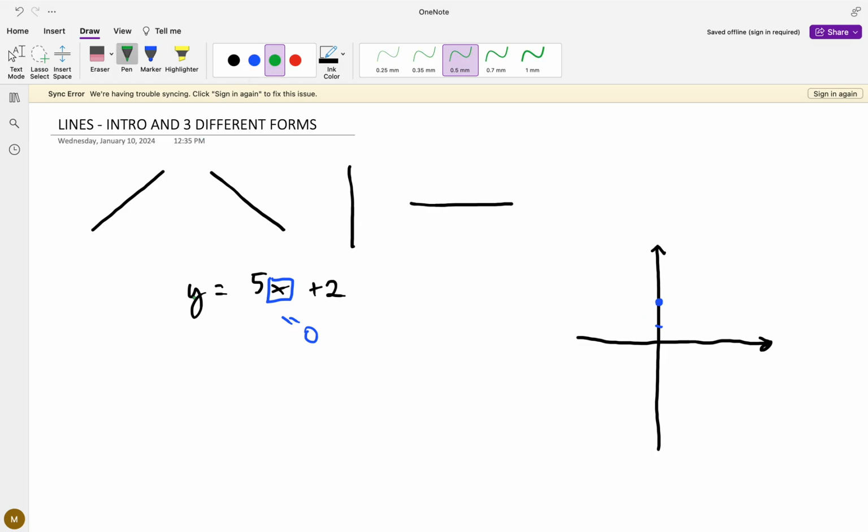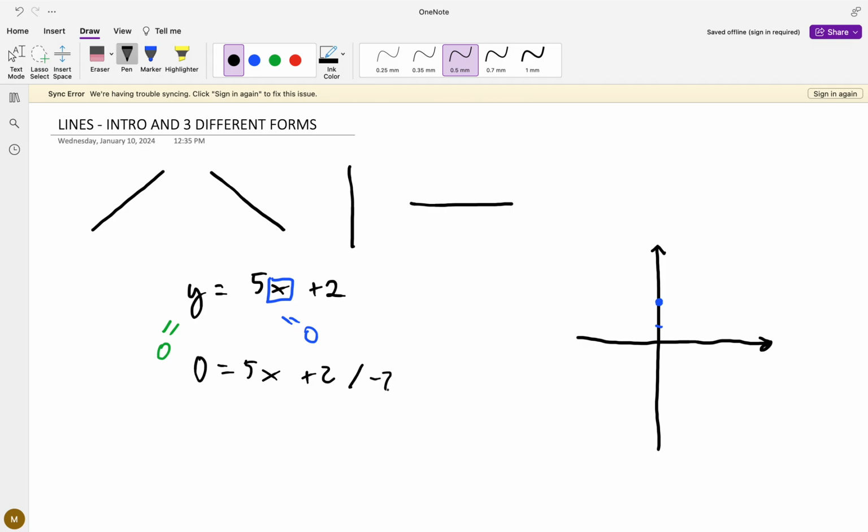When y is equal to 0, then we have something called the x-intercept. In order to find the numerical value of the x-intercept, we need to move some things around. So 0 is equal to 5x plus 2.